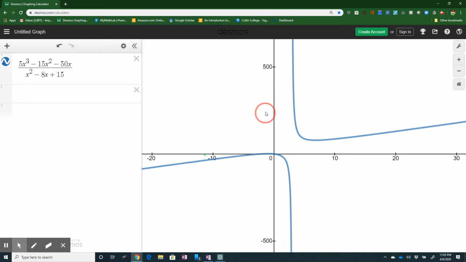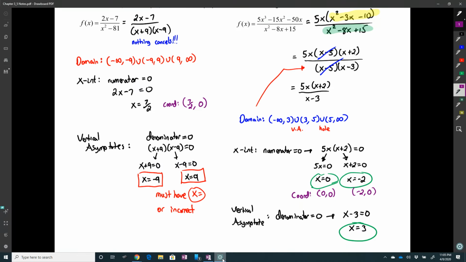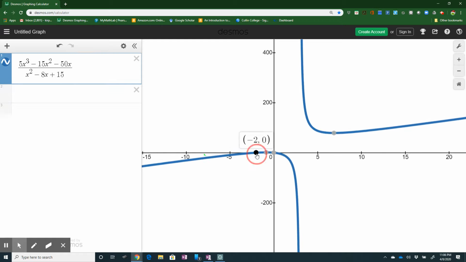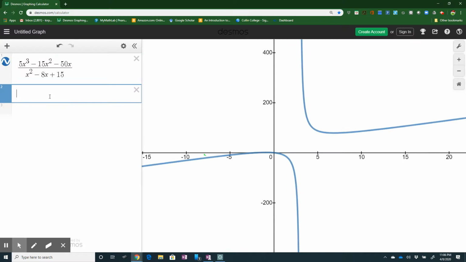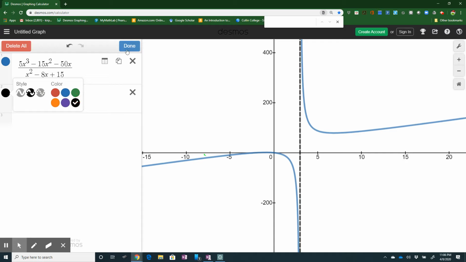All right, I'm already too far in to stop. But what I messed up is I put 50 twice because I can't apparently see. So anyway, my x-intercepts were 0 and negative 2. There they are. And I had one vertical asymptote at x equals 3. And there you go.